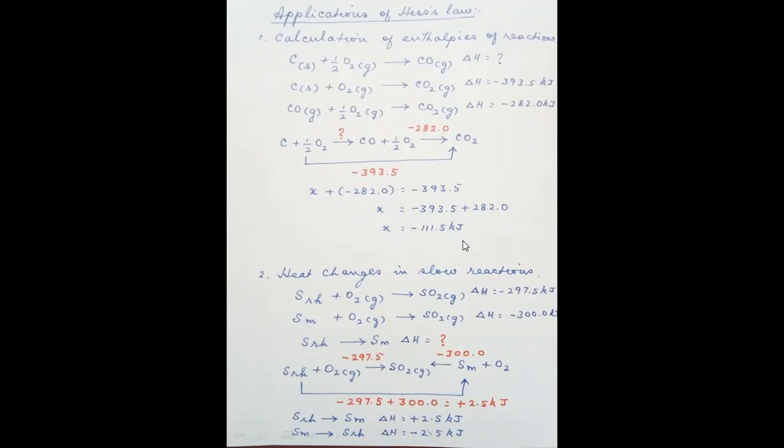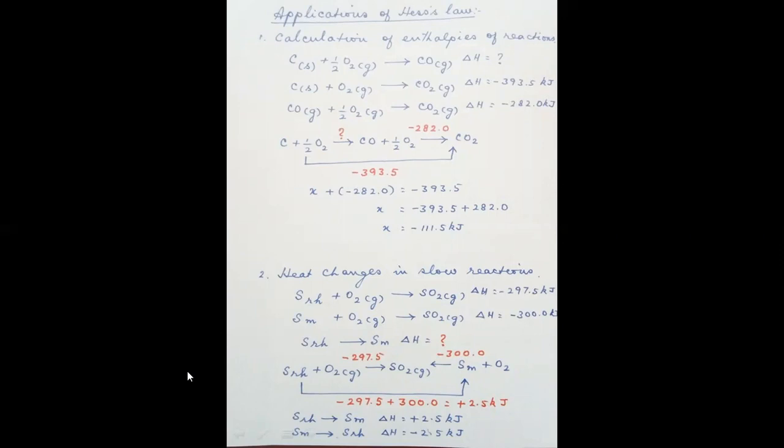Now, there are some reactions which are very slow. For these slow reactions, we are not able to find out the enthalpy change. Say, for example, the transition reactions. Sulfur rhombic will get converted into sulfur monoclinic, which are two different crystalline forms of sulfur.